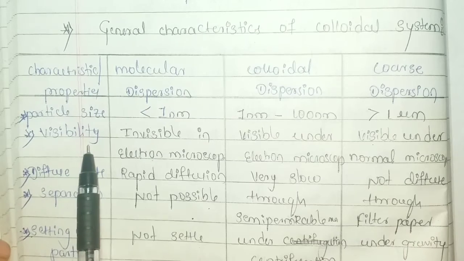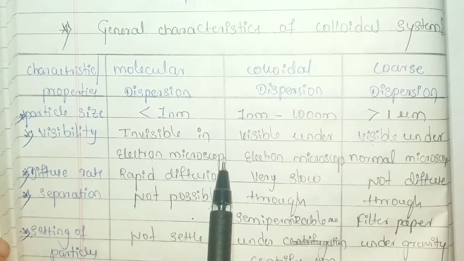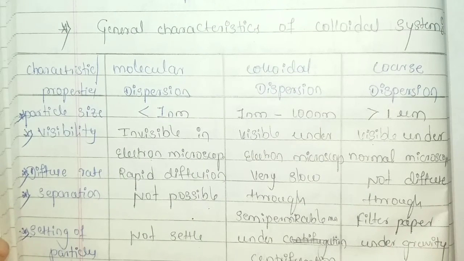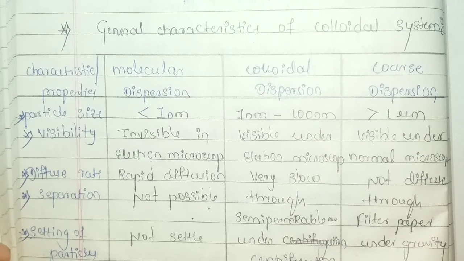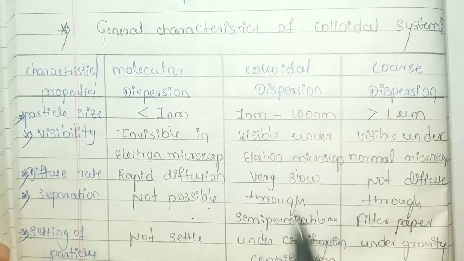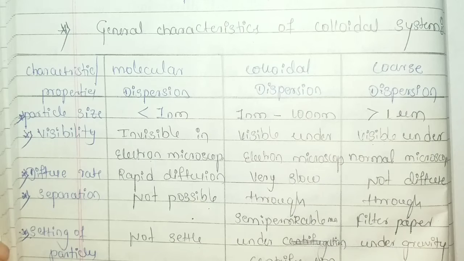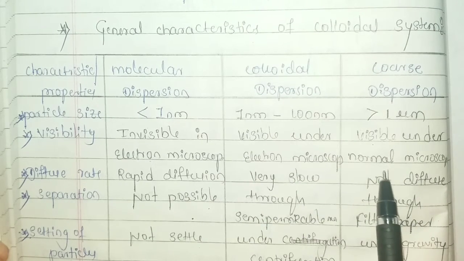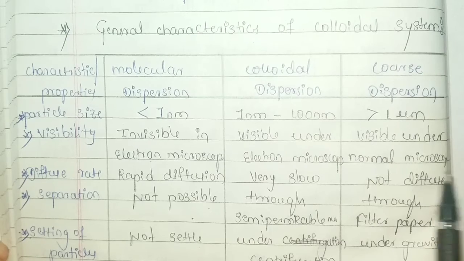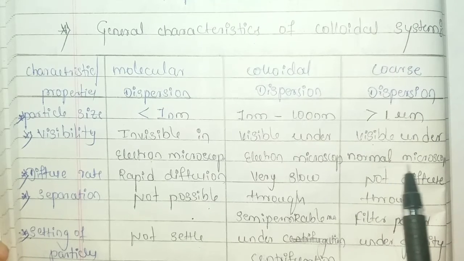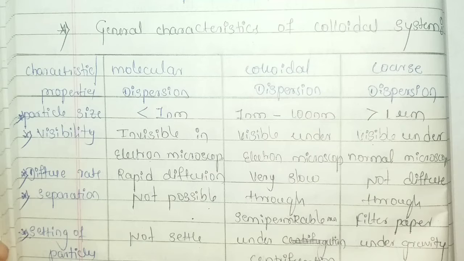The visibility: invisible in an electron microscope because the particle size is very small. They are not visible under the electron microscope. Colloidal particles are visible under the electron microscope only slowly, or sometimes not visible, but they are visible in ordinary microscopes, the normal microscopes.